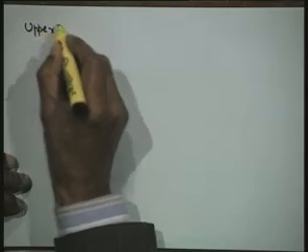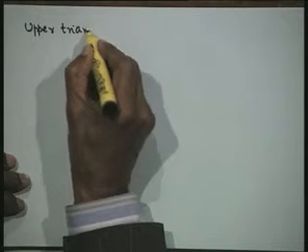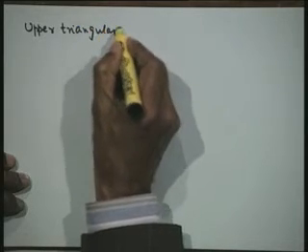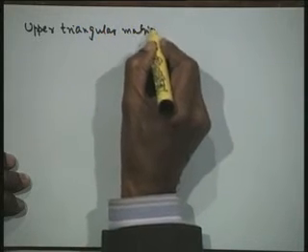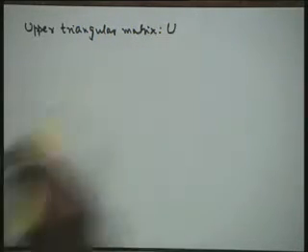Similarly, we define an upper triangular matrix. This is a lower triangular matrix, so we define an upper triangular matrix. We denote an upper triangular matrix by U. That means we have U as a matrix like U11, U12, U1n, U22, U2n, Unn, and this is all zeros below.